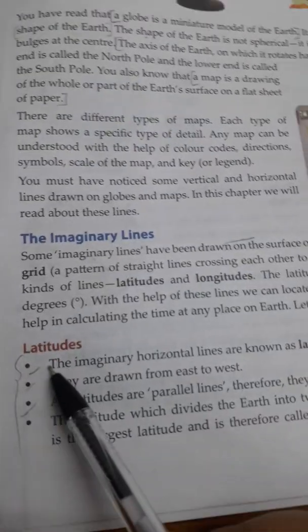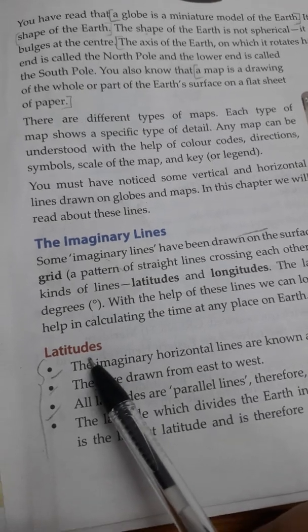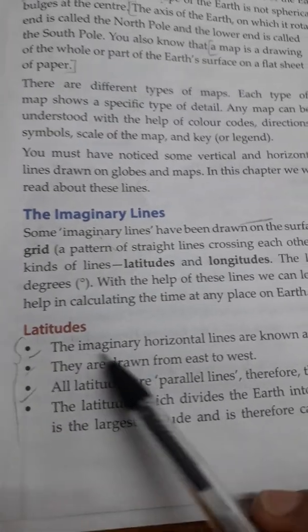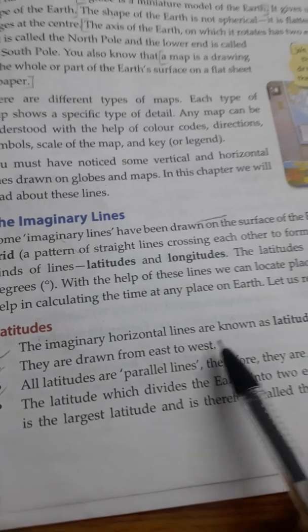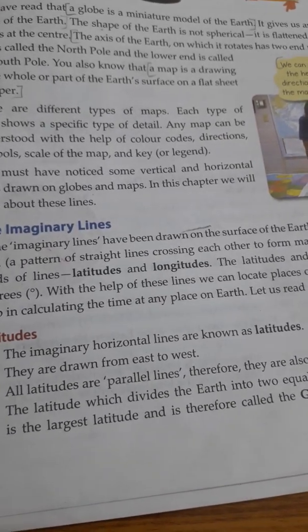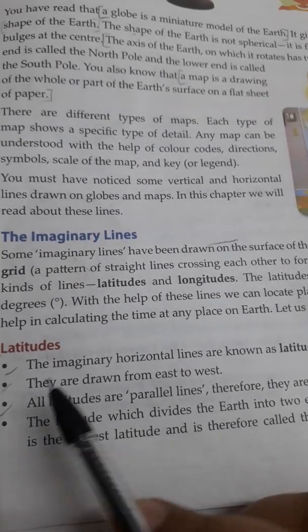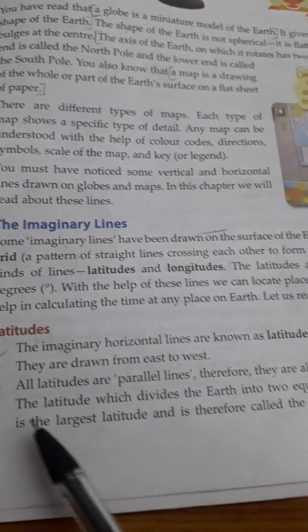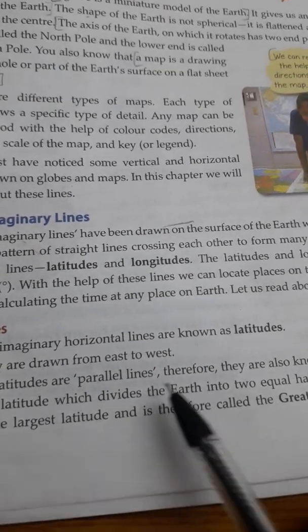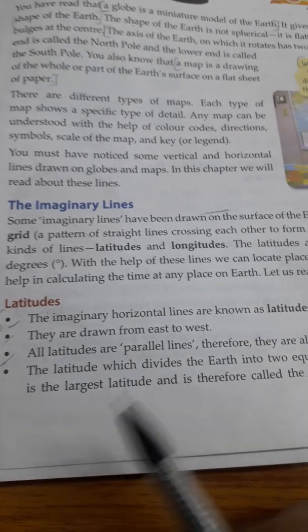Now the first one is latitude. The imaginary horizontal lines are known as latitudes. They are drawn from east to west. All latitudes are parallel lines, therefore they are also known as parallels of latitude.